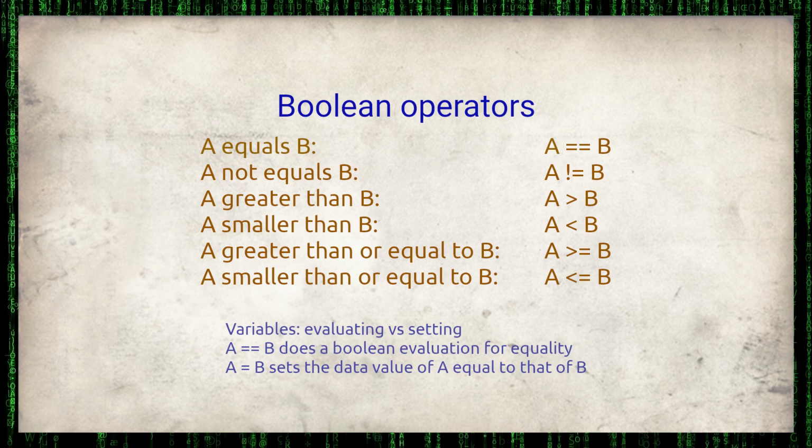The same would apply to the next one, A not equals B. Either A is not equal to B, which is a result of true, or it is equal to B, which in this case will result in a false. Let's look at the next one, A greater than B.